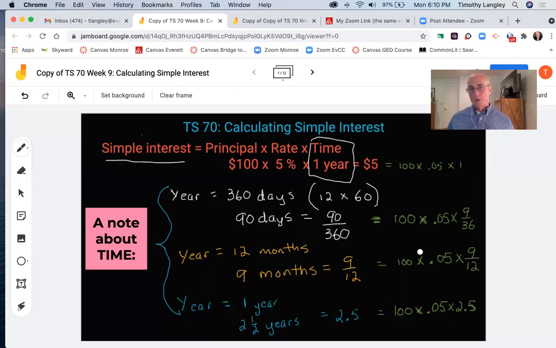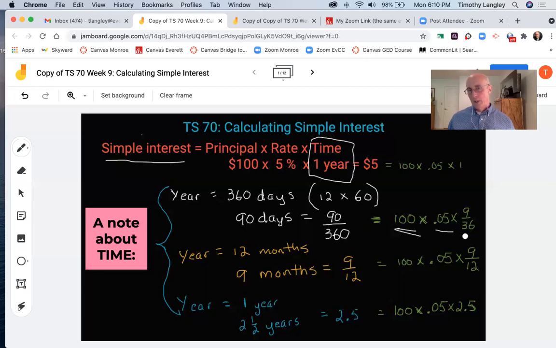So if you look over here to the right, I've got $100 down, that's my principal, times 5%, which is 0.05 as a decimal. And then my time: if I reduce 90 over 360, if I take the zeros out and just cross them out, I have 9 over 36, okay.